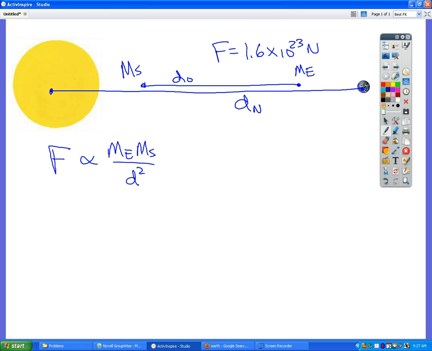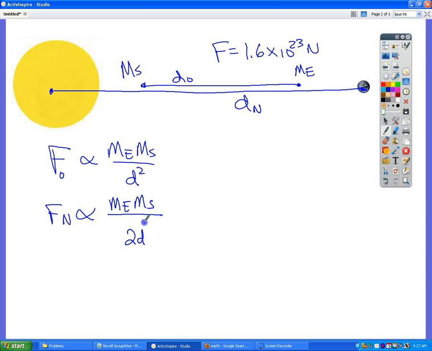Let's do that in the problem itself. Let's just say that the mass of the Earth and the mass of the Sun don't change, and so this is the original. Our new force will be proportional to the mass of the Earth times the mass of the Sun, all over. Now our distance, if we made this distance 1, then we could make the new distance 2, because it would be double the distance.